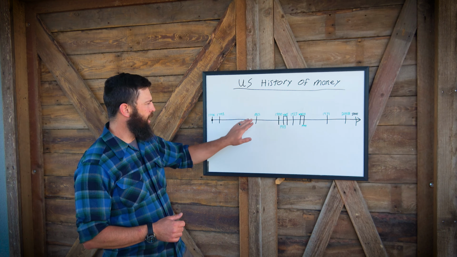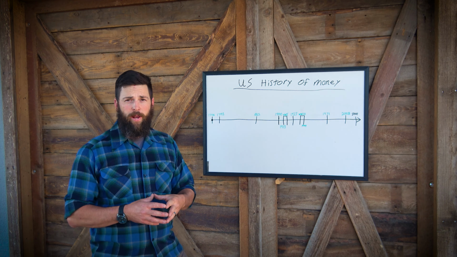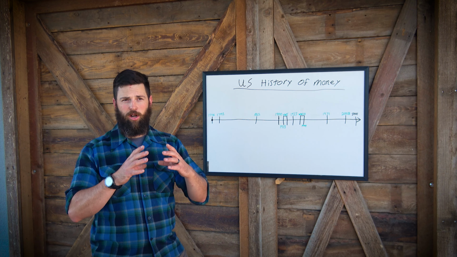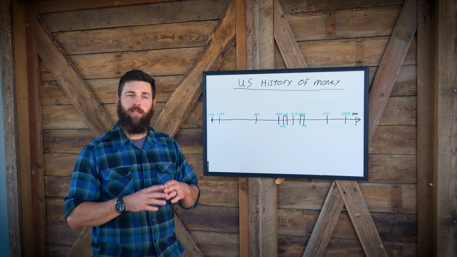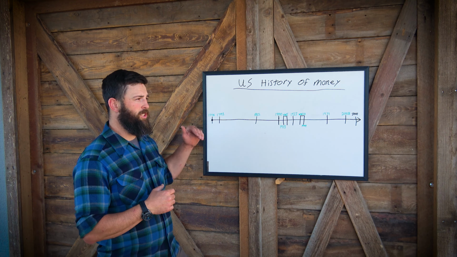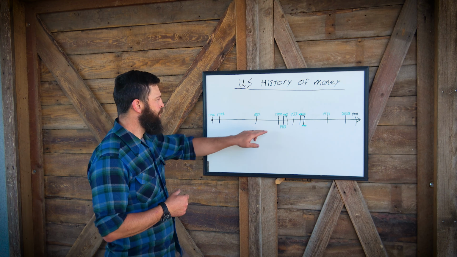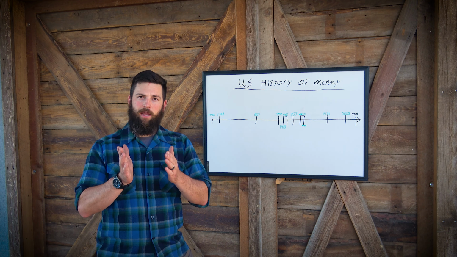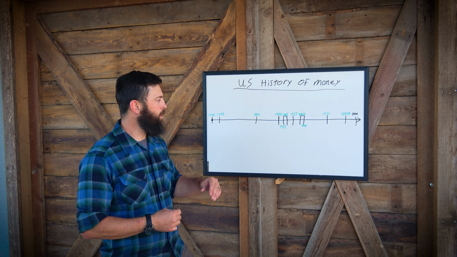In 1862 we had the greenbacks. Okay, so this was the first US based paper currency. Obviously the Confederates had their own Confederate money, but we're just covering mainstream. 1900, that is when we went off a bimetal system to the gold standard.